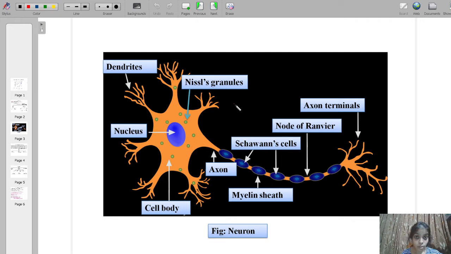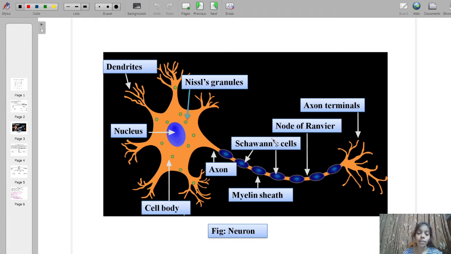Now neurons, as I told you, there are two types of cells in nervous system, neuron and neuroglial cell. So this Schwann cell is an example of neuroglial cells. Often we hear about people suffering from brain tumor.